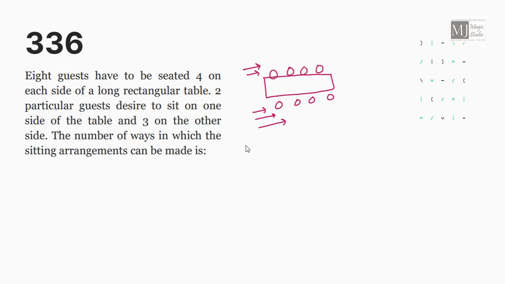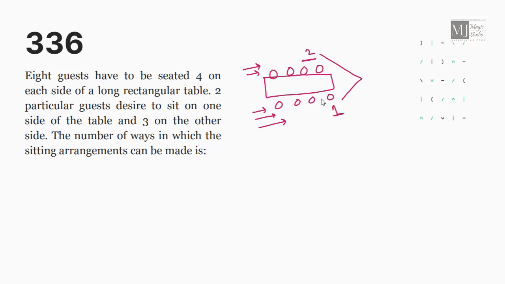We have 8 guests. We are left with 3. Of the remaining 3 guests, 1 shall be seated along with the 3 fixed ones and the other 2 on the side with 2 fixed guests. Isn't it? In how many ways can this be done?